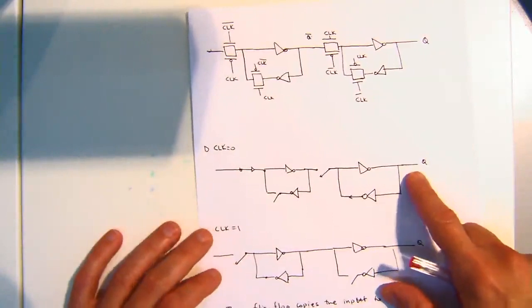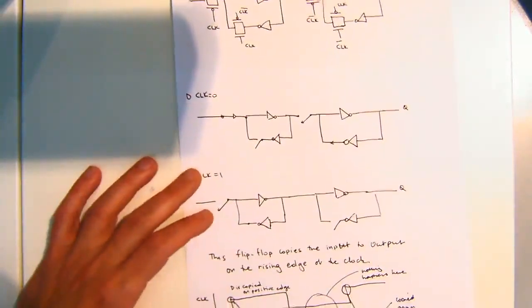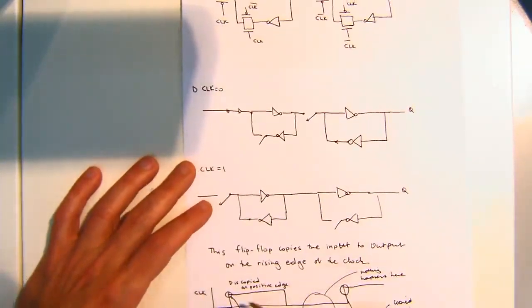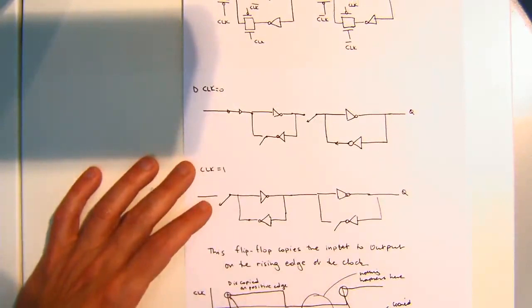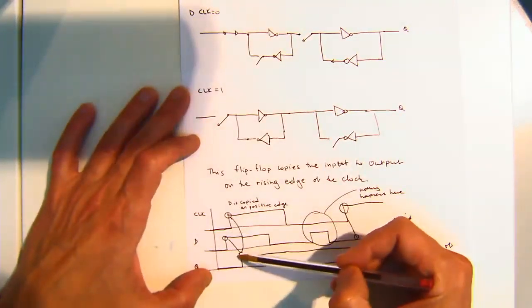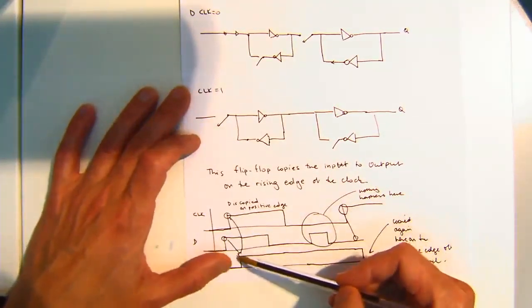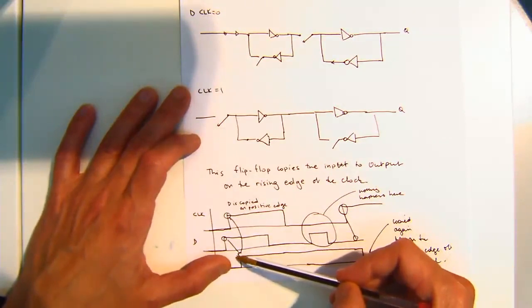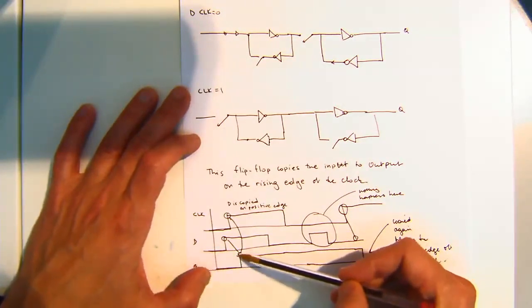And as a consequence, if you draw the switch diagram, as the clock is transitioning from 0 to positive, at this point of the positive edge, you sample the signal, and that's the value that is held at the output.